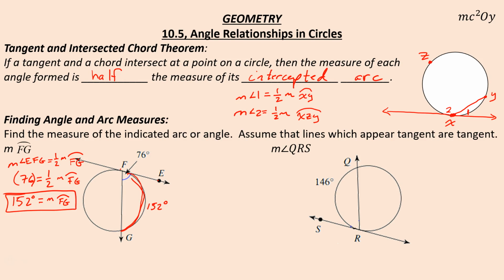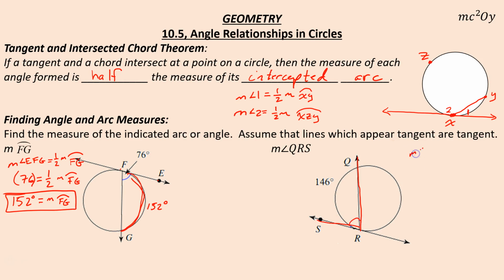Assume that lines that appear tangent are tangent. So we can say that RS is tangent to the circle, and that QR is a chord here. We want to find the measure of angle R, or QRS. So we're looking for this angle right here.